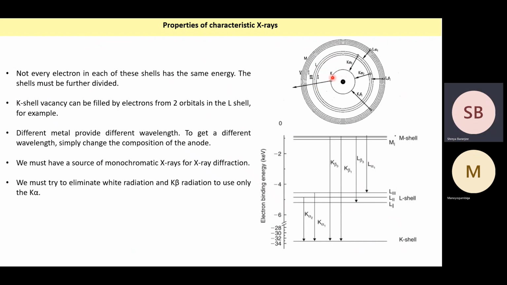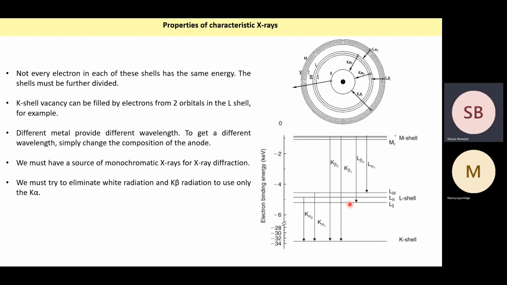Suppose your accelerating electron knocks out an electron from, say, the K shell. This vacancy can be filled by either of the two subshells of the L shell. So you can have two different kinds of radiation. Here it's shown as K alpha 1, K alpha 2. If you look at this division shown here, this is the energy level of the K shell.